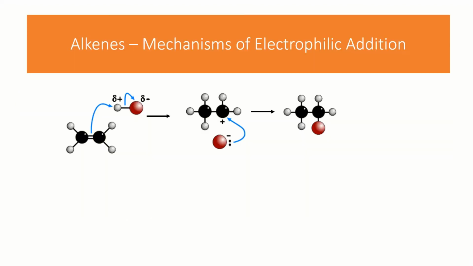The mechanism is quite simple: the electrophile will approach the alkene. In the case of the hydrogen halides, the more positive hydrogen is what attracts the electrons from the double bond, and that will generate our carbocation, which will then be attacked by the halide.